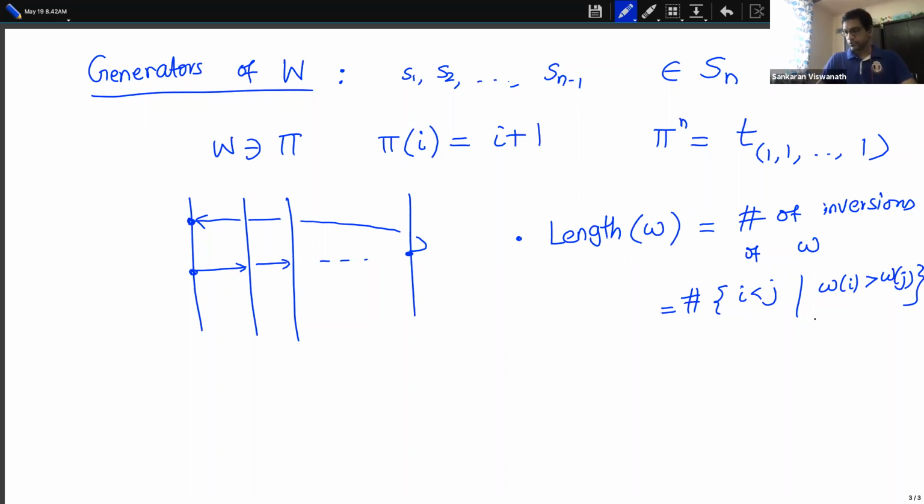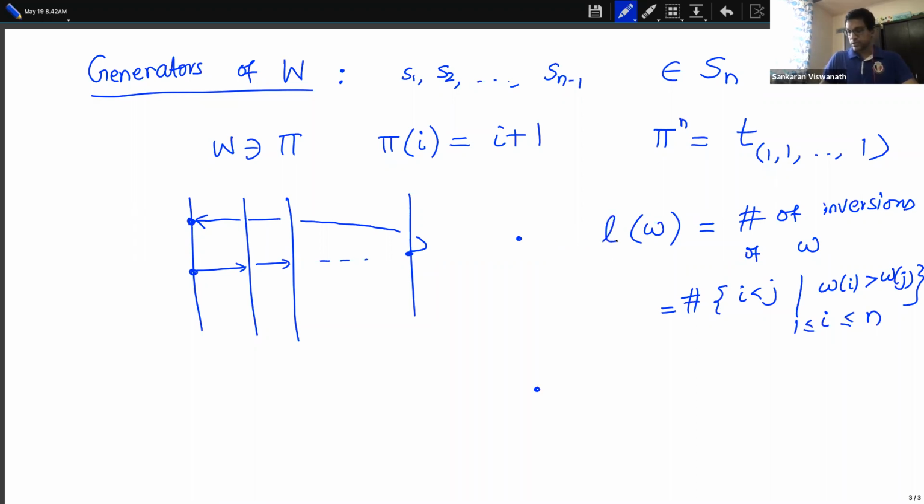So you restrict i. You only pick i's from distinct conjugacy classes. So let's pick i mod n, if you wish, or let's say you restrict i to only run over 1, 2, up to n, and j, of course, can vary. So the length is going to be just the number of inversions in the usual sense of the word. Let's call this l(w).